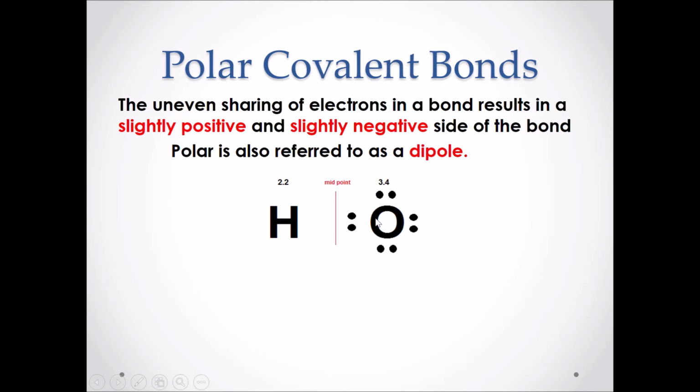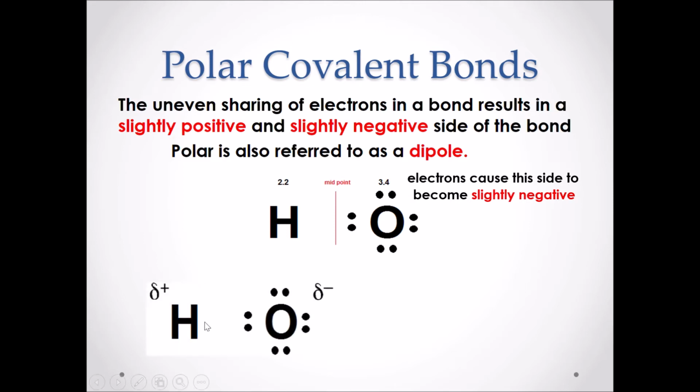They are closer towards oxygen. We know that electrons have a negative charge. Therefore, this side of the bond will then be slightly negative. That means that the opposite side of the bond has to be slightly positive. This can also be shown using the following symbols: slightly negative and slightly positive.